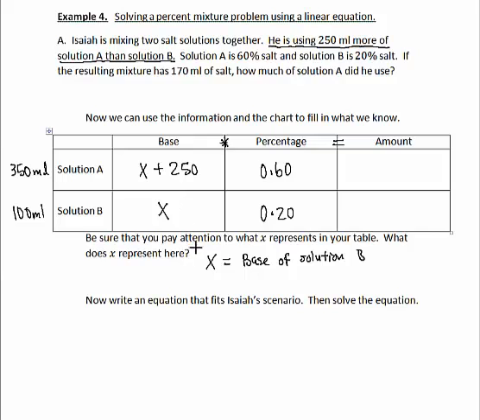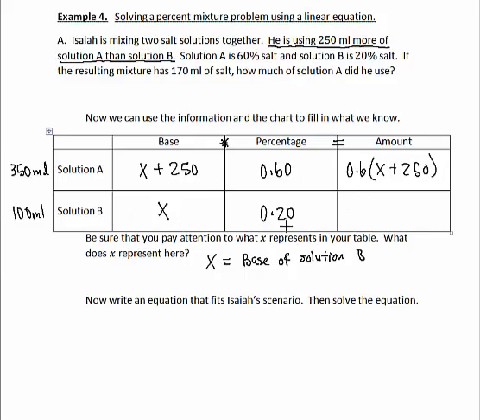So we've filled out our two columns, base and percentage. Now we proceed in multiplying them together to get the amount. I'll just write 0.6 to shorten it up. So the amount would be x plus 250 times 0.6.